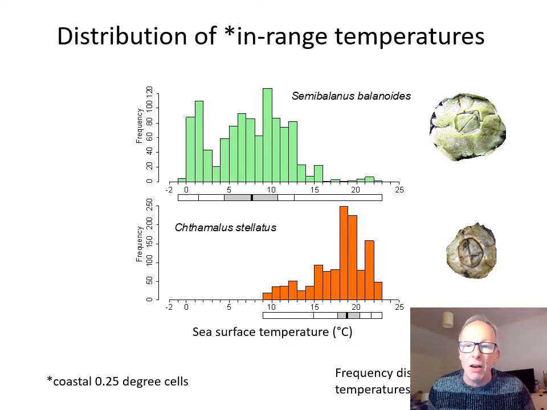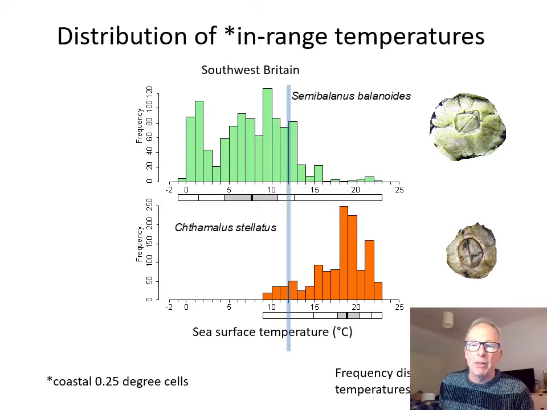For Chthamalus stellatus, the warm water barnacle, the centre of its distribution range is probably around 18 degrees centigrade for the average annual sea surface temperature, which is somewhere down in Spain or Portugal. But 7 degrees is more likely in northern Norway.